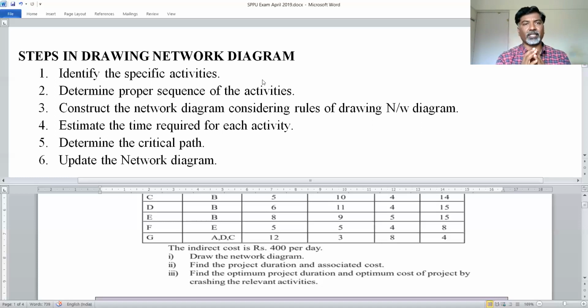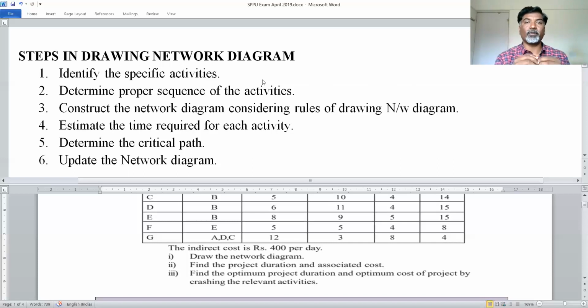Once you identify the activities, you have to identify the predecessor and successor activities for each one, meaning which activity must complete to start a particular activity, and which activity must start once the current activity completes. The previous activity is called the predecessor, and the next activity is called the successor.